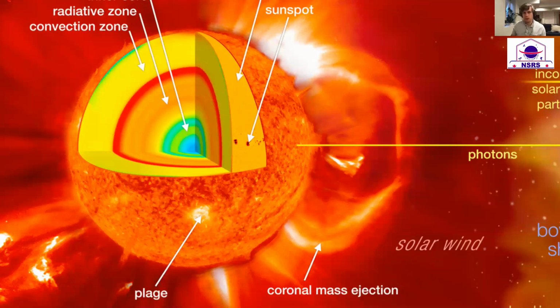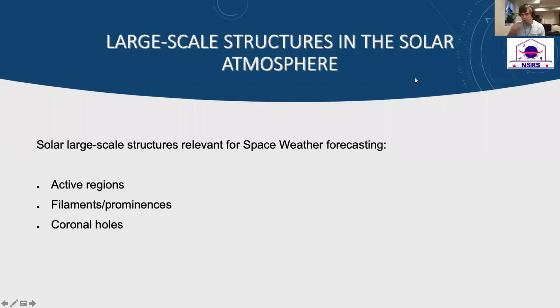So to talk about this a little bit more, we're going to dive into three different features on the sun that can affect space weather and affect the Earth directly. These three features are active regions, which are areas where there's high magnetic field and bright hot plasma, and they can actually erupt.